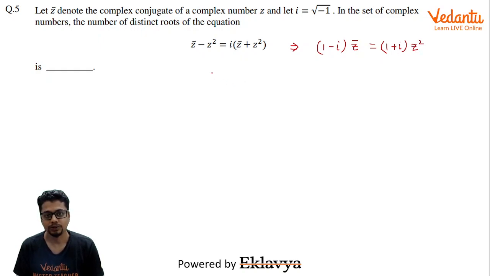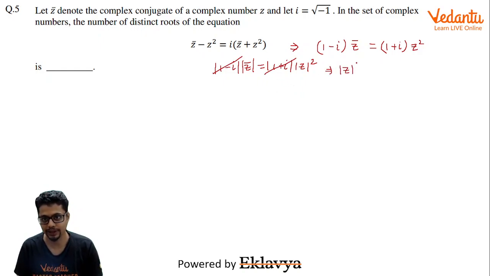If you take mod on both sides, you get mod 1 minus iota times mod z bar is equal to mod 1 plus iota times mod z square, where mod z square is the square of mod z. Root 2 and root 2 cancel out, and mod z bar is essentially mod z only. So that means mod z can either be 0 or 1.